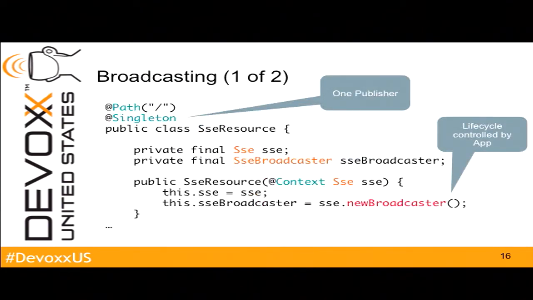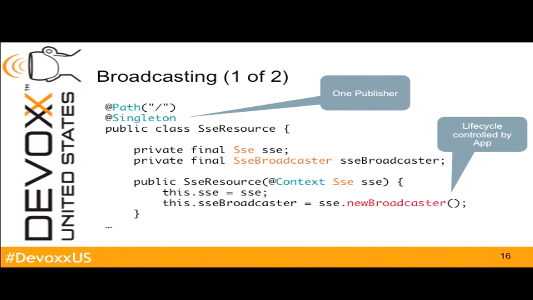And we're also going to introduce a couple of new things, in particular the SseBroadcaster. So the first thing you do is you annotate your class with @Singleton so that you don't get multiple instances of this thing. And that way you can have a way of grouping all these client connections into what we call an SseBroadcaster. So just like before, we inject, in this case in the constructor, the Sse type so that we can create messages, but also create a broadcaster.